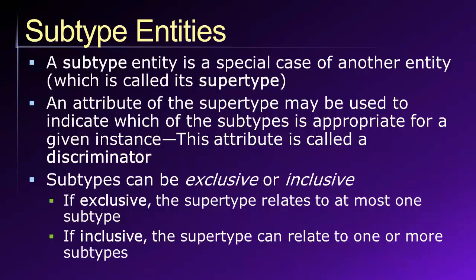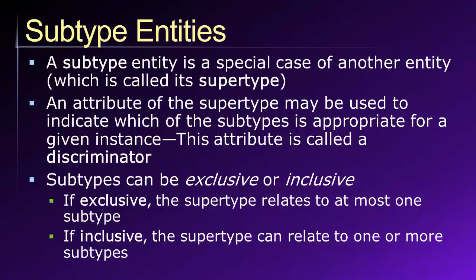Broadly speaking, there are two different types of supertype-subtype relationships. The first is called an exclusive relationship, and the other is called an inclusive relationship. If a supertype-subtype relationship is exclusive, what that means is that each instance of the supertype can be related to, at most, one of the subtypes.